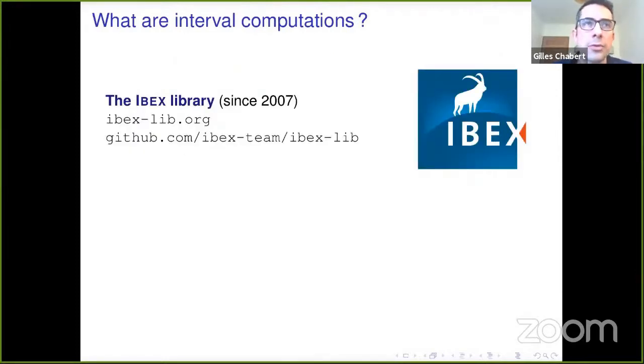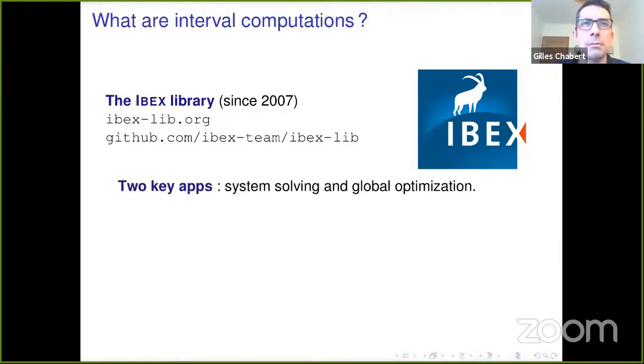There are several tools, of course, that already exist, but I've been developing myself a library called IBEX for a couple of years now. The two top-level applications of this library are system solving, as I've just shown you, but of course you can solve systems of several equations, and global optimization.